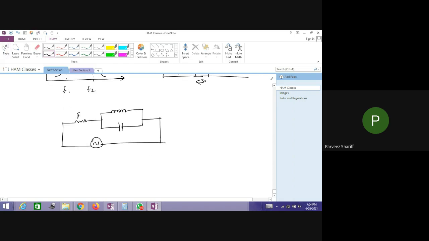So this is R, L, and C. This is called a parallel resonance circuit.